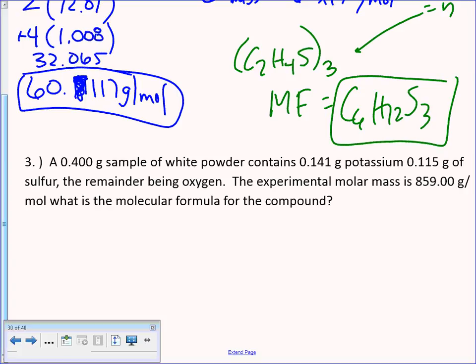All right, so let's backtrack. If I want to find the MF, what do I need first? I need the empirical formula. But how do I find the empirical formula? We have to find oxygen first. We've got grams of oxygen, grams of potassium, grams of sulfur. Get some moles, then divide by the smallest. Find the subscripts.